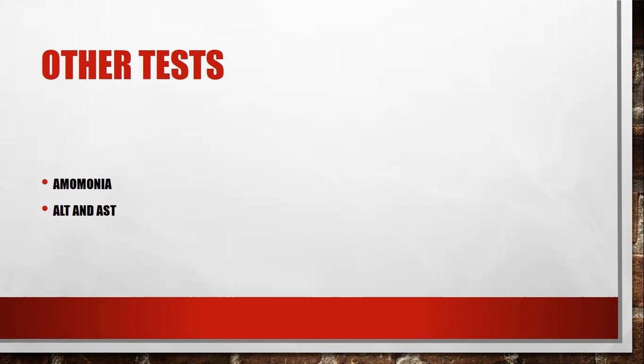So these are ammonia, ALT, AST, also ALP, GGT, LDH, and other enzymes that may be used for determining the detoxification function of the liver. Let's start first with ammonia.